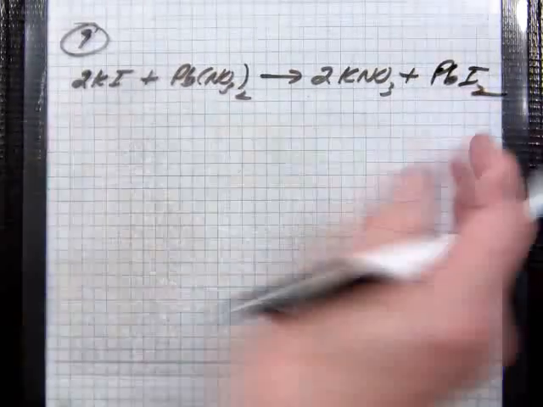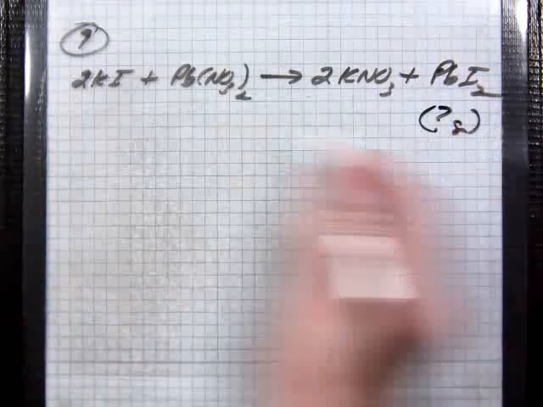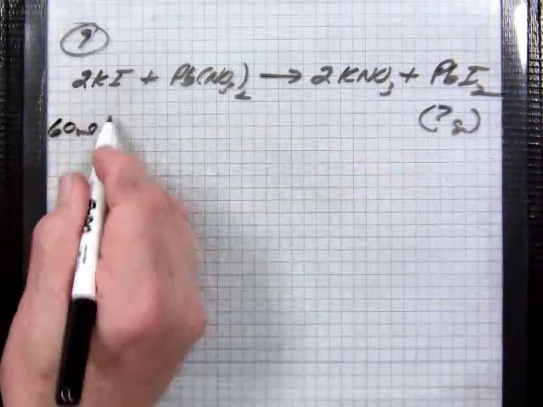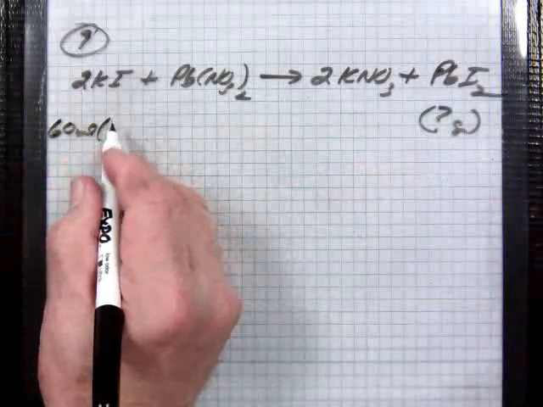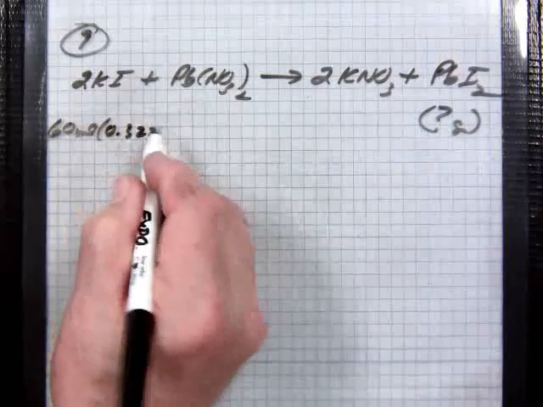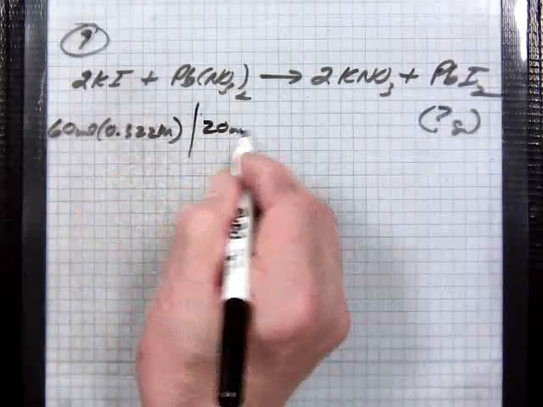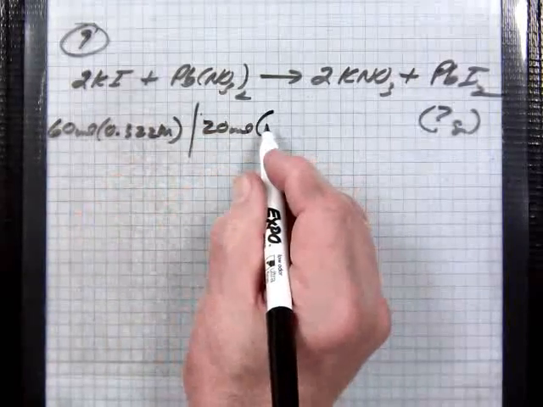And they want to know how many grams of that if we mix 60 milliliters of the potassium iodide and 20 mils of lead nitrate.